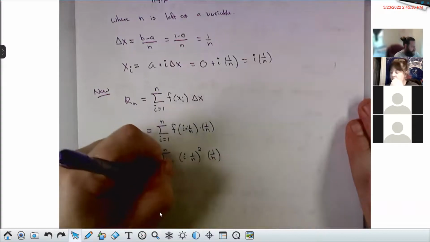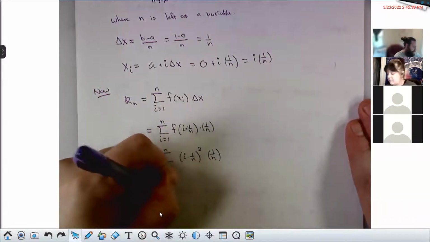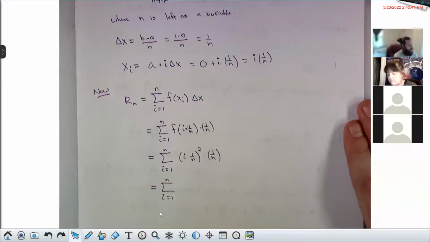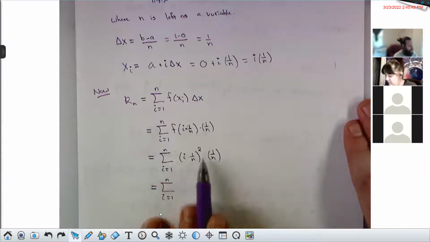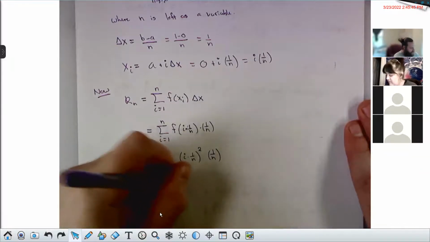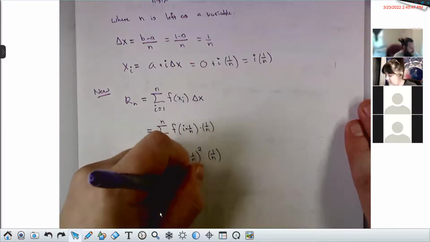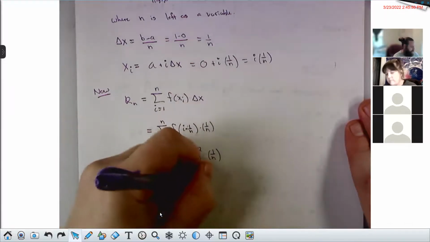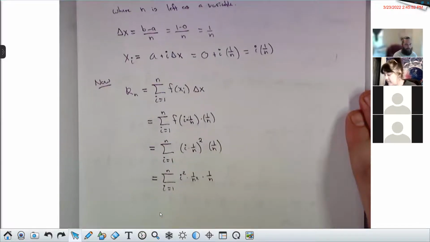So I'm going to walk you through this. Still sigma i from 1 to n. I times 1 over n all squared is i squared times 1 over n squared. And then I still have my 1 over n here.